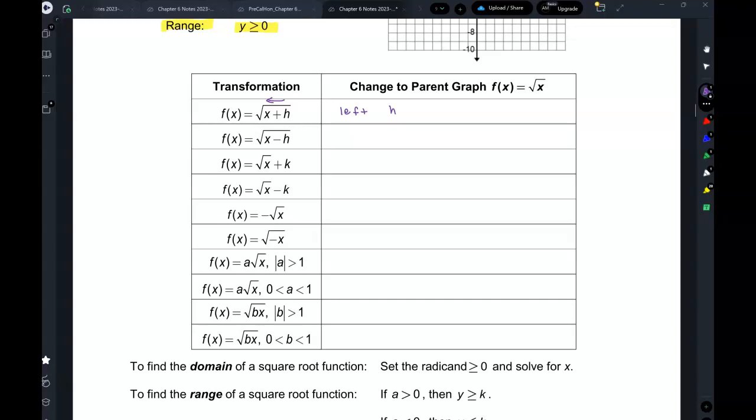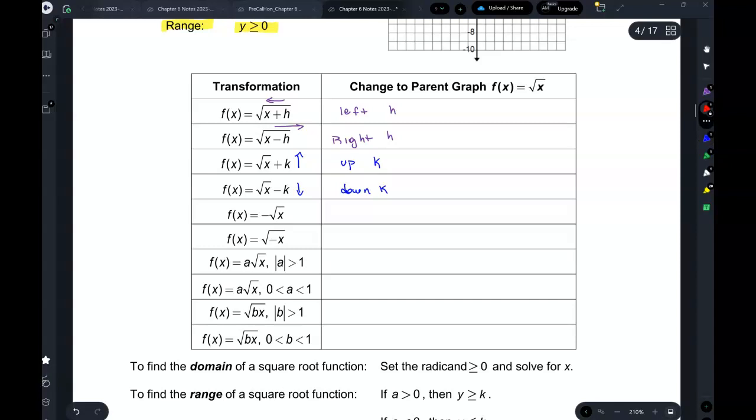When you have minus h, where does it move the graph? To the right h units. When you have a plus k outside, where does that move the graph? Up k. And minus k? Down k.